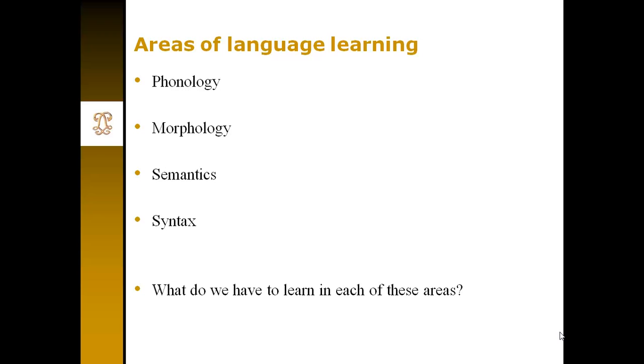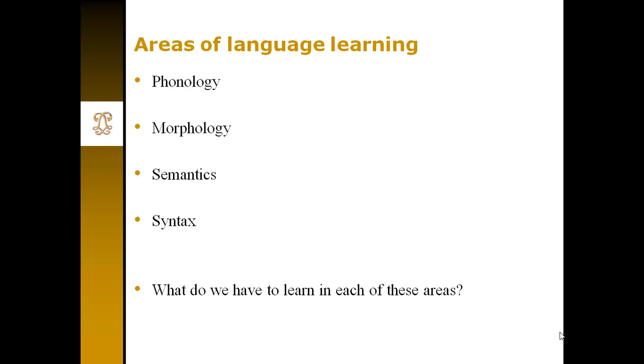We hear a word, we learn that it refers to an object or an action or some attribute of the object, and so we can look to see how well we can associate these words that we hear with particular kinds of concepts. So red, what is red? Is it a thing? Is it an action? Is it an attribute of an object? Right, so this is basically vocabulary learning for semantics.